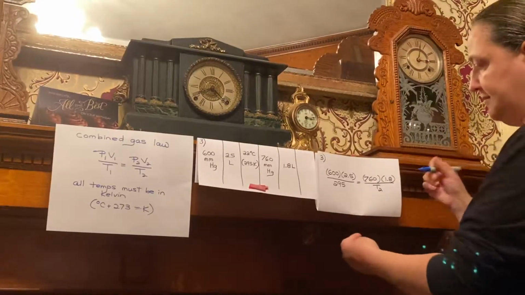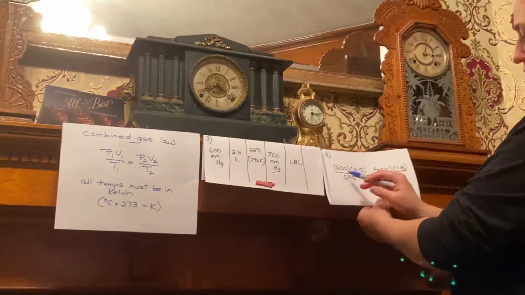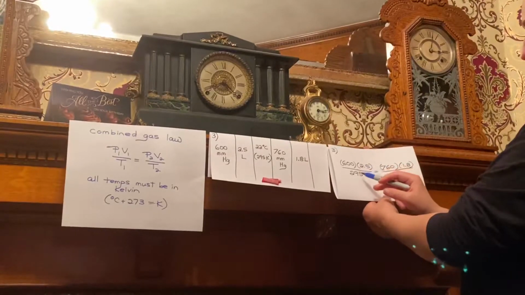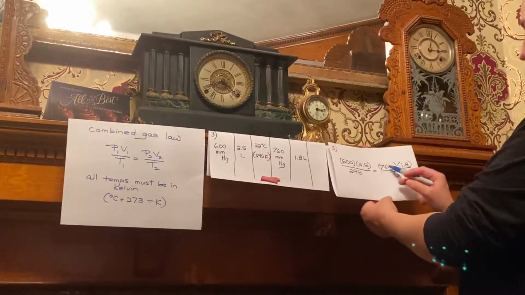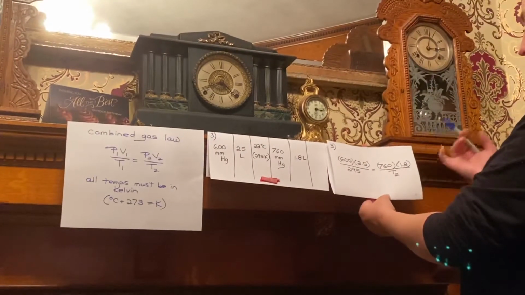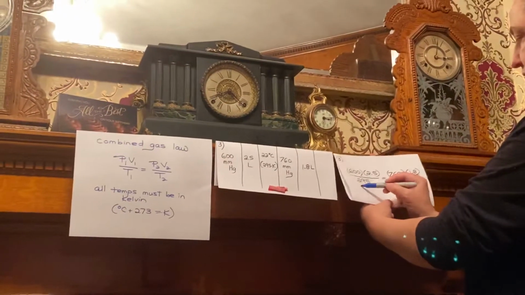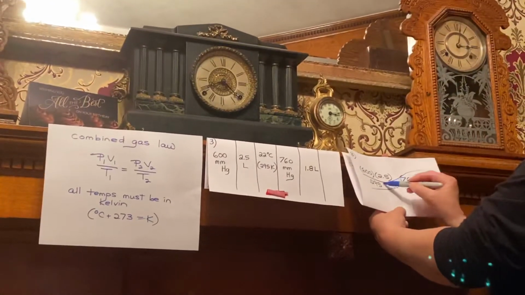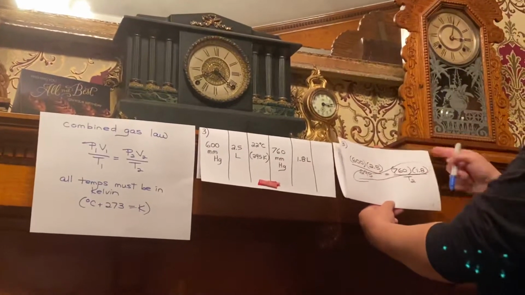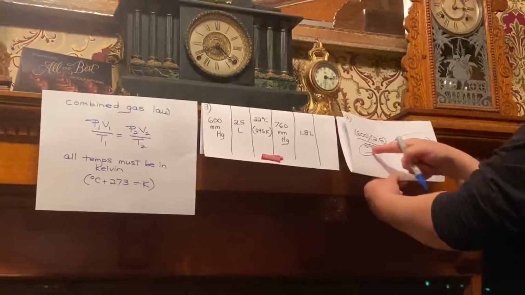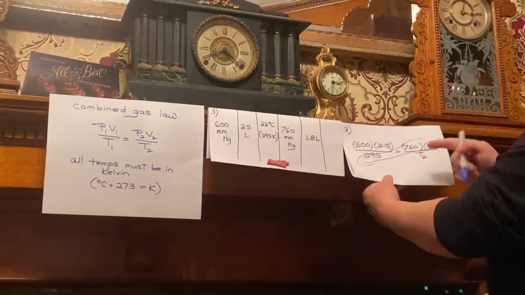Okay, so now this time, you have the 600 times 2.5 over 295 equals 760 times 1.8 over T2. So this time we have these 3 numbers cross multiplying, so it's the X, right? We've got the product of these 3 numbers equals the product of these 3 numbers.